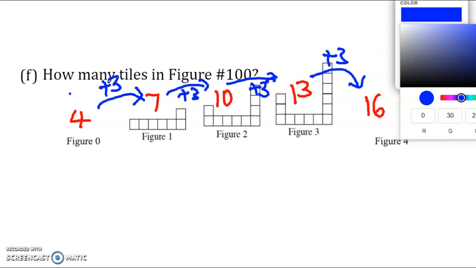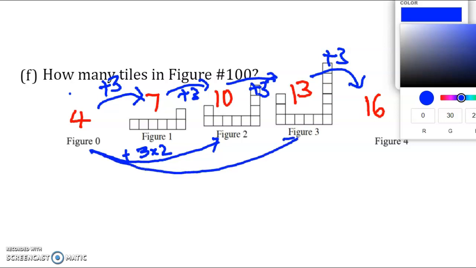Let's think about it this way. From each step we added 3. From figure 0 to figure 2, how many did we add? We added 3 times 2, because we added 3 two times. What about from figure 0 to figure 3? We added 3 three times, so 3 times 3.